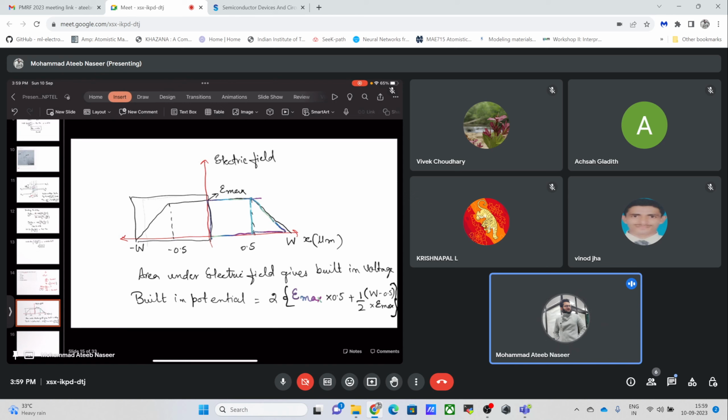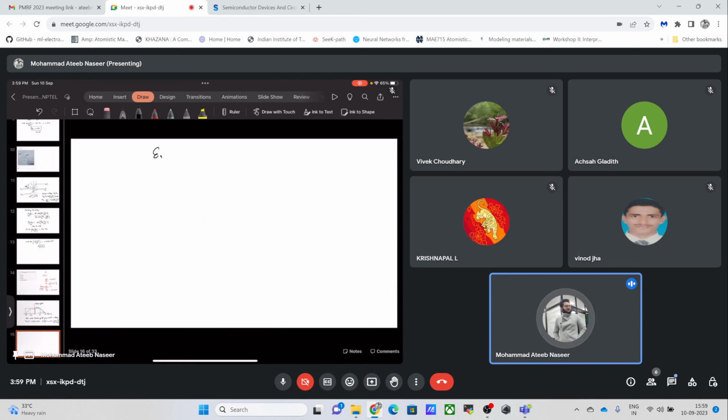So this built-in voltage is simply E max plus W times E max minus 0.5 times E max, or simply it is equal to E max times 0.5 plus W. Now this is the simple condition on this phi bi.